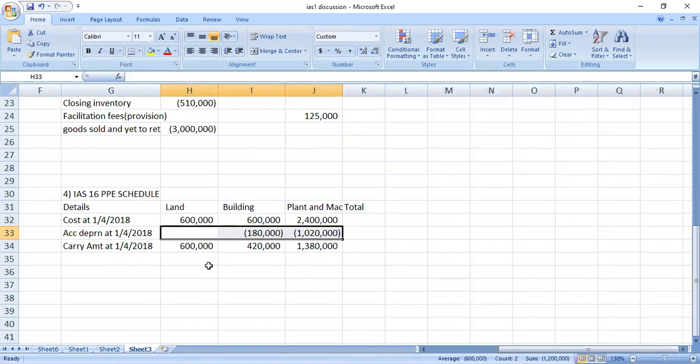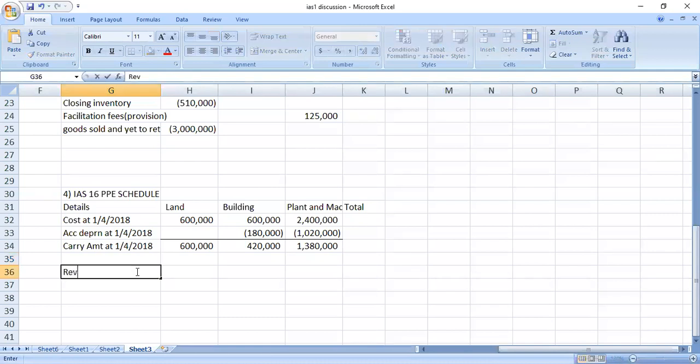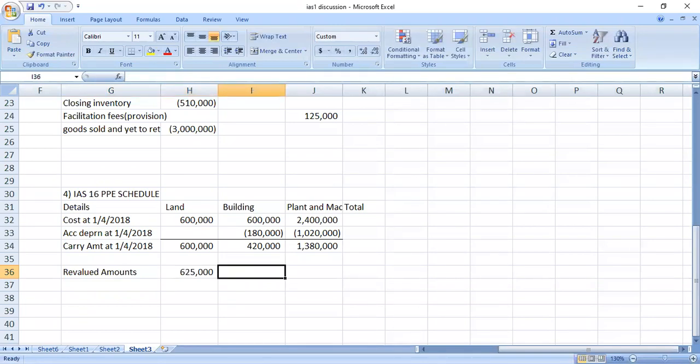Then what's the revalued amount? The revalued amounts that they gave us: for the land, it is 625,000, and for the building, it is 700,000.